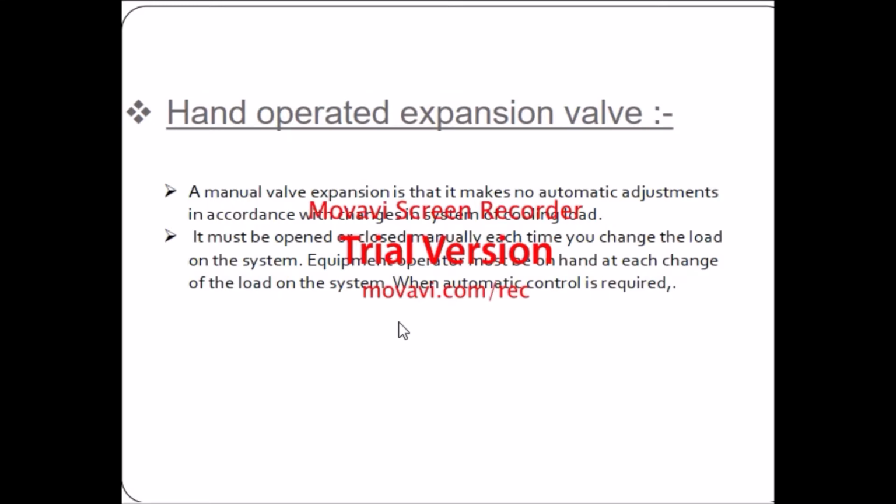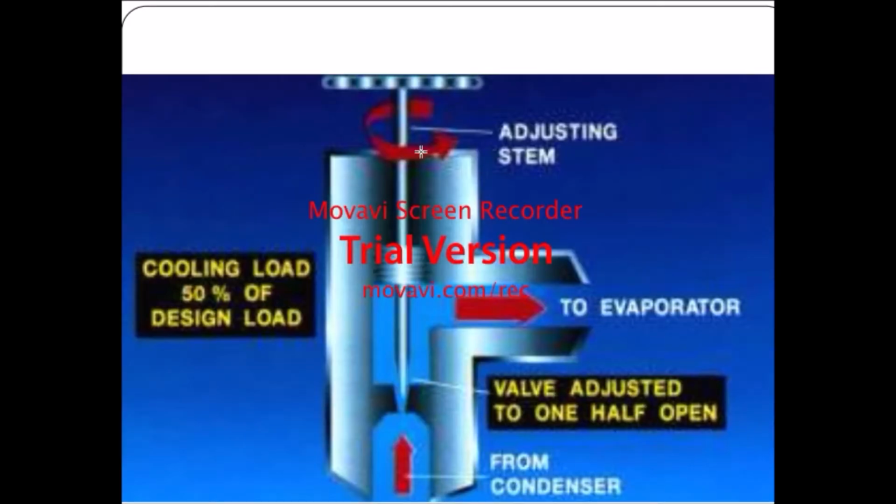Yes, we just replace the automatic by manual. So this is the screw that we can use to control the supplying of refrigerant. Just control this screw and then we can get the flow rate we need. Just simple.